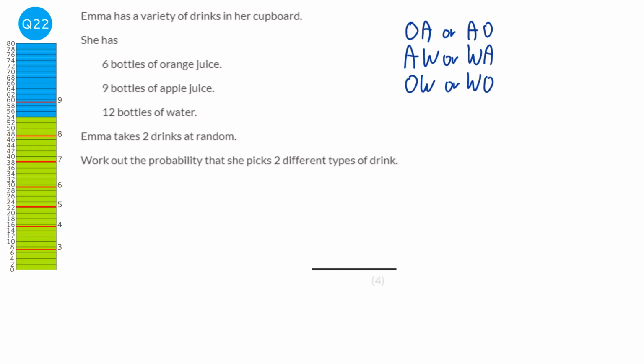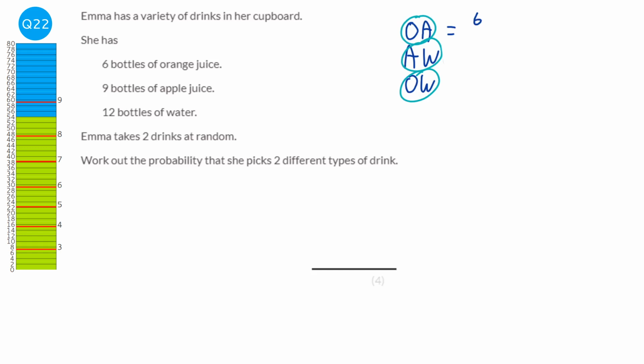Now what we notice really when we do this is that OA gives us the same probability as AO. Same with AW and WA, same with OW and WO. So we're going to just ignore the right hand side ones, and we're just going to focus on the left hand side ones.